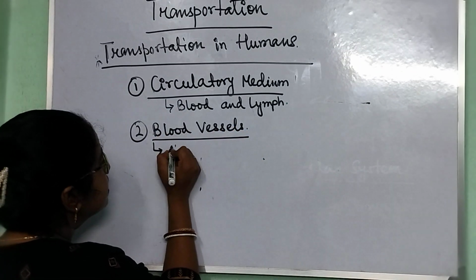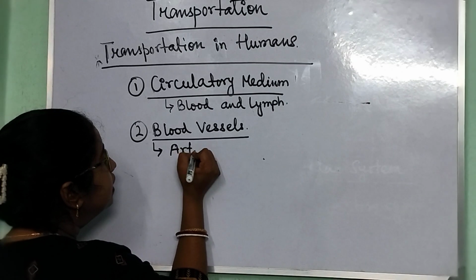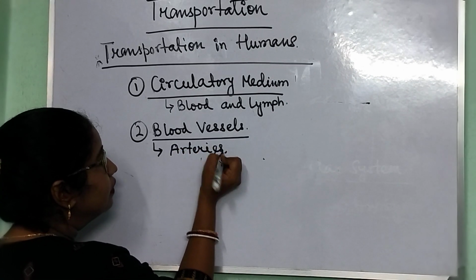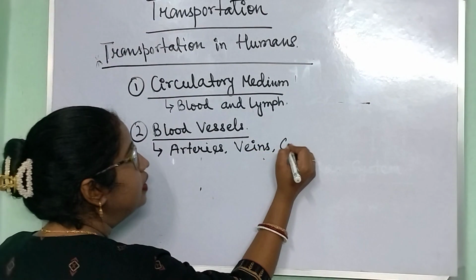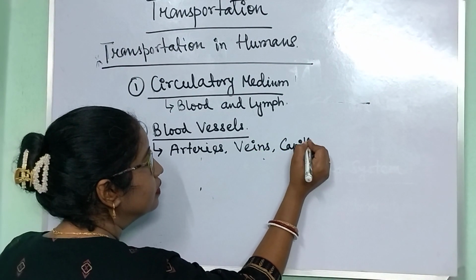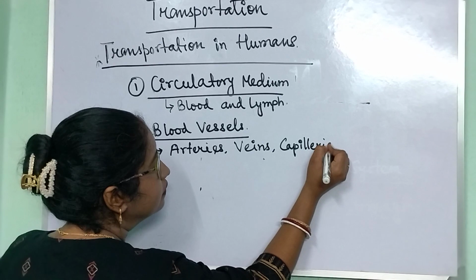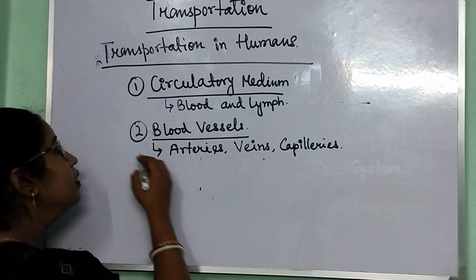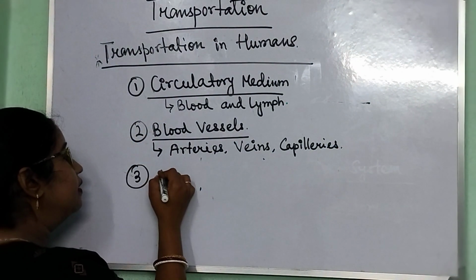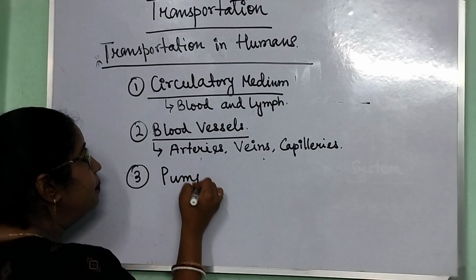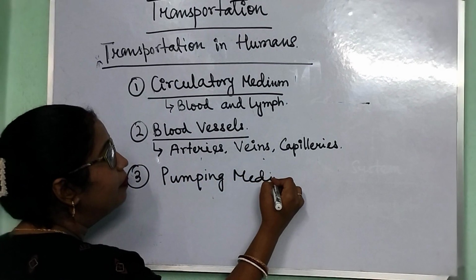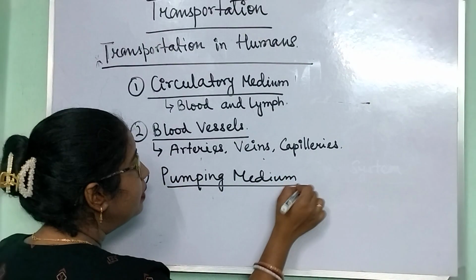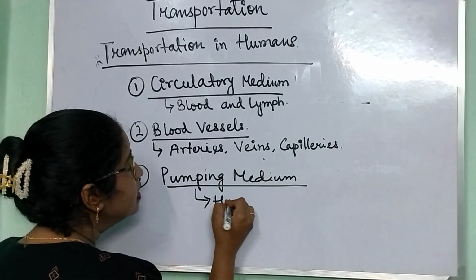The blood vessels are, as we all know, arteries, veins, and capillaries. The third one is a pumping medium or a pumping organ. The pumping organ is the heart.